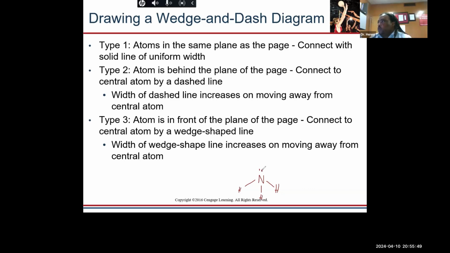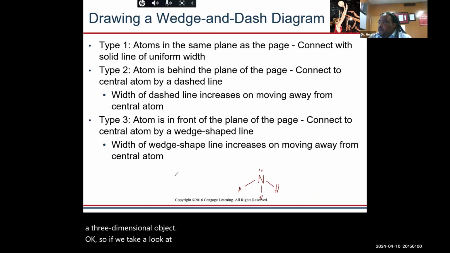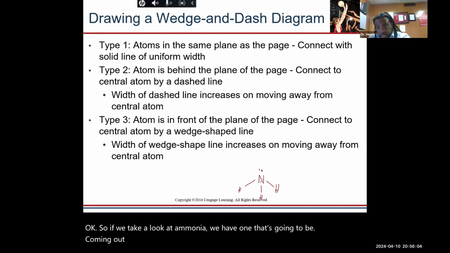Okay. And so with the wedge dash diagram, it helps us get a sense that something is a three-dimensional object. Okay. So if we take a look at ammonia, one of the hydrogens is going to be coming out towards us and a little bit towards the bottom.